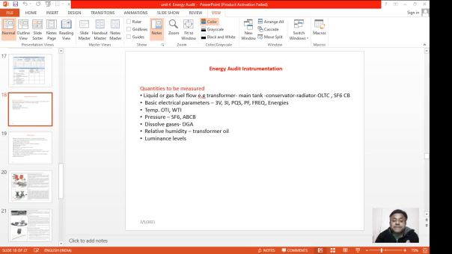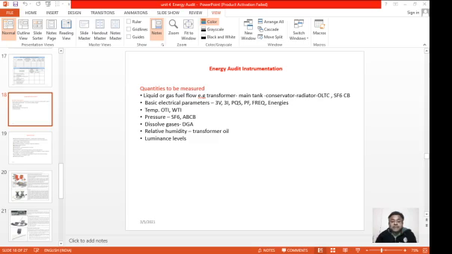Then next comes pressure. In pressure also, we have to see what is the pressure of SF6 gas, or in the case of an air blast circuit breaker, what is the pressure of the air, because the air blast circuit breaker works on the principle of pressure of air.